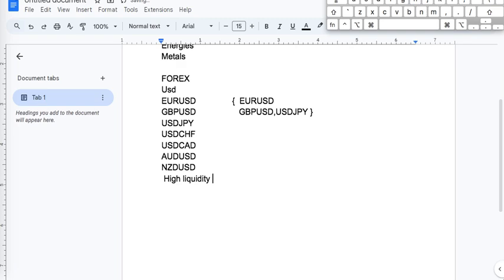That's why I would opt for the Euro USD or GBP USD.